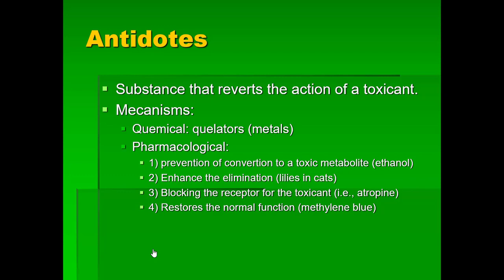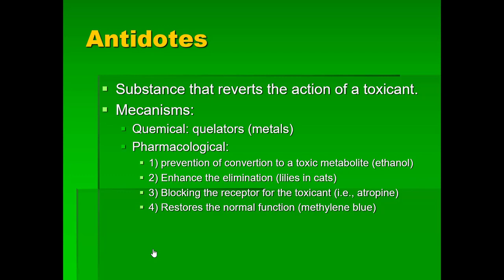And that is vitamin K, which is used obviously to treat poisonings by anticoagulant rodenticides. So even if we may think that the antidote will save the life of an animal, I can guarantee you that that's not true for most cases.